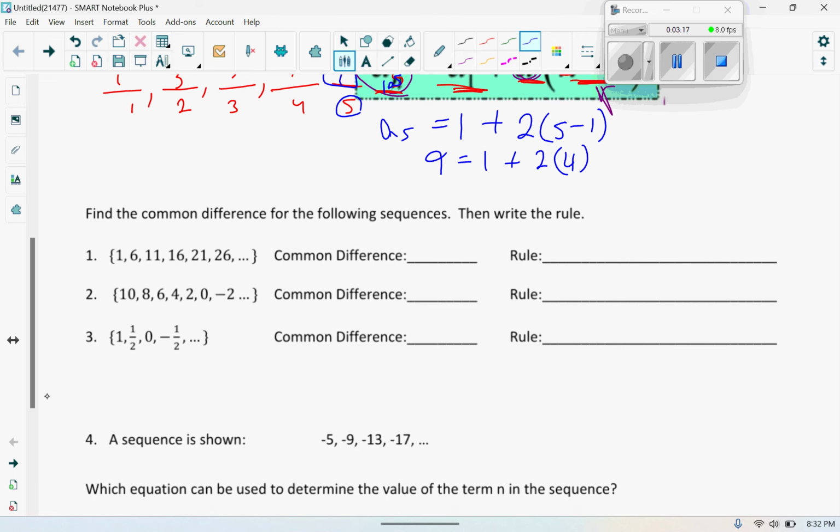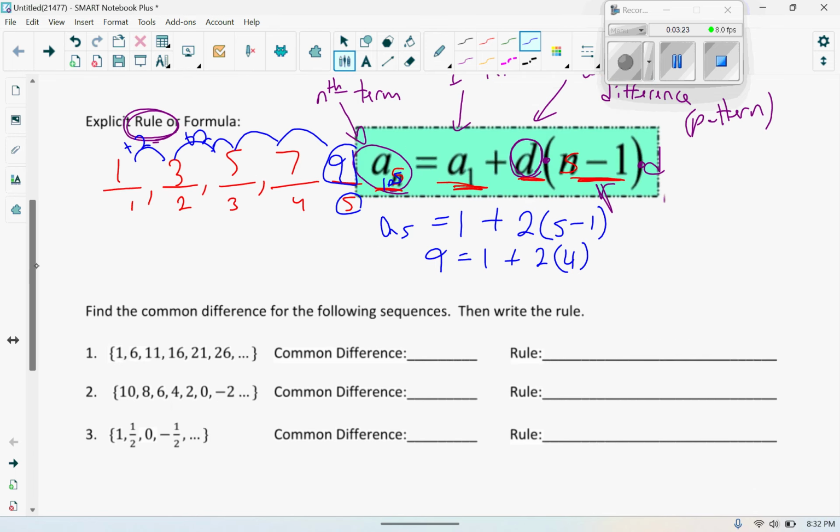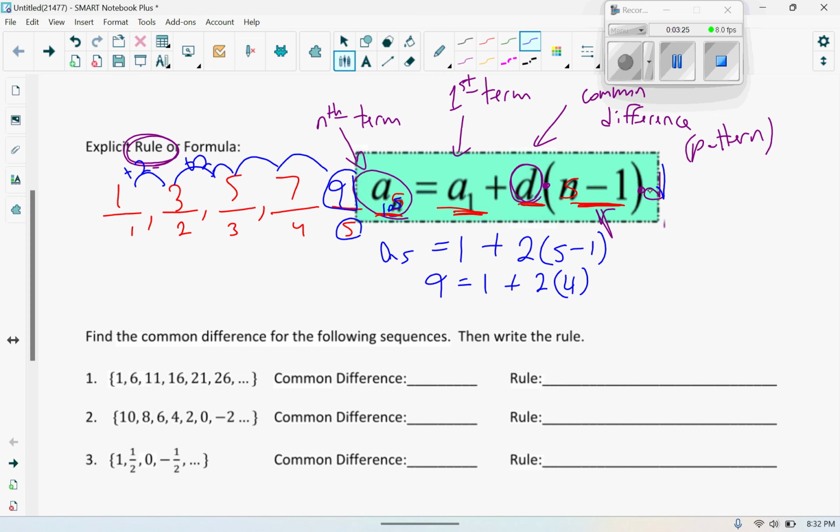Okay, right here it says find the common difference, then write the rule. When we are writing the rule, I like to put the d on the outside, but again, it's totally your preference. What am I adding or subtracting every time?